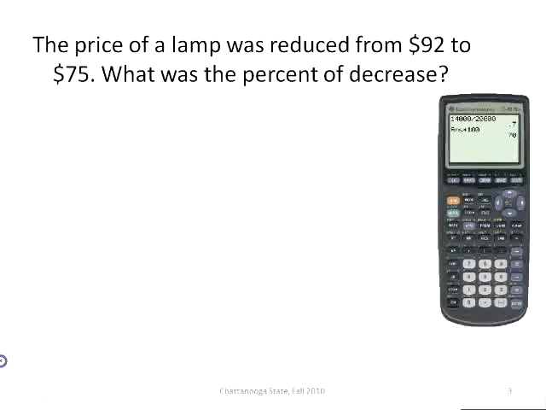Here we have an example of a percent of decrease. Anytime something goes on sale, it's a decrease. Here we have the price of a lamp was reduced from $92 to $75. What is the percent of decrease?